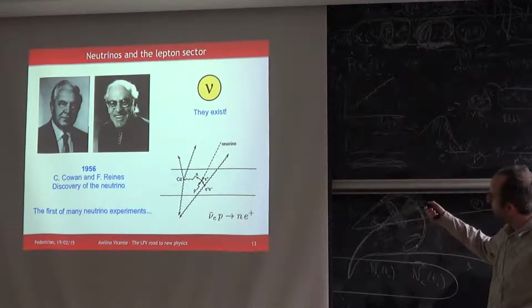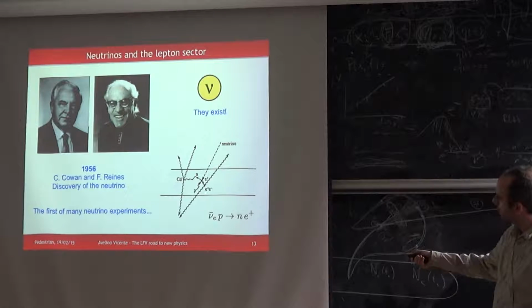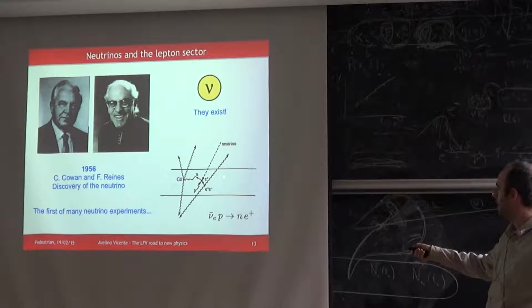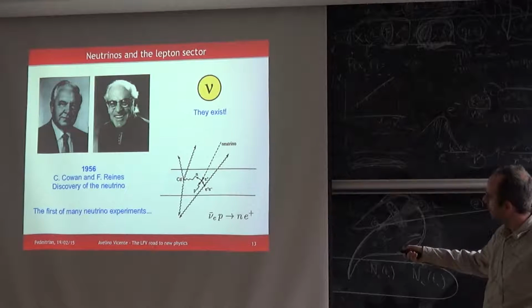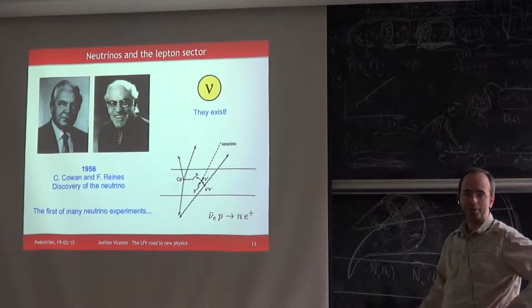Then they had a huge flux of neutrinos coming to the water, producing this reaction. The discovery was claimed because they were able to observe simultaneously both the positrons that were annihilated with electrons in the medium and the neutron that was captured by cadmium. And because of that, they were able to discover neutrinos.